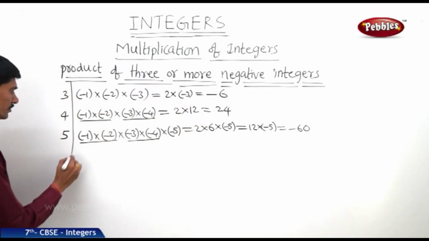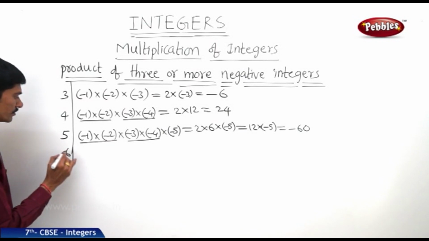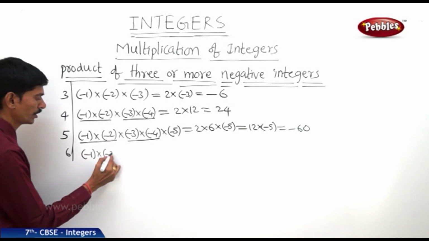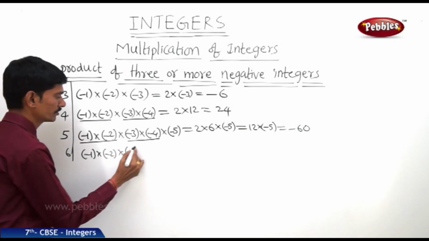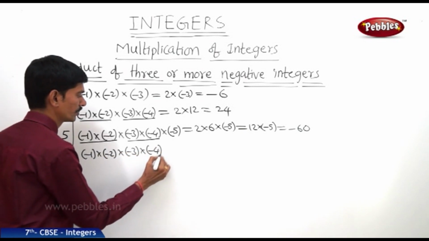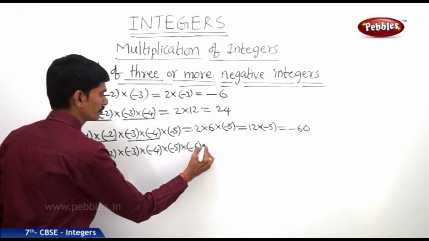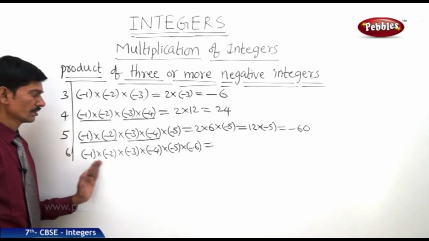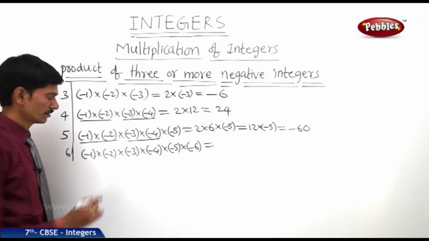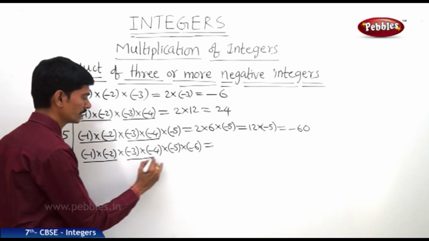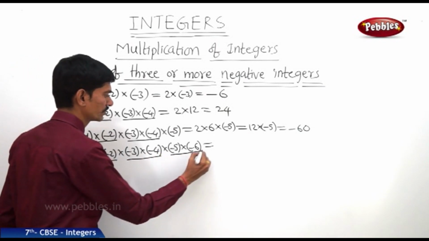And when you multiply 6 negative integers, -1 into -2 into -3 into -4 into -5 into -6, here we are multiplying 6 negative integers. First you multiply -1 and -2, then -3 and -4, then -5 and -6.